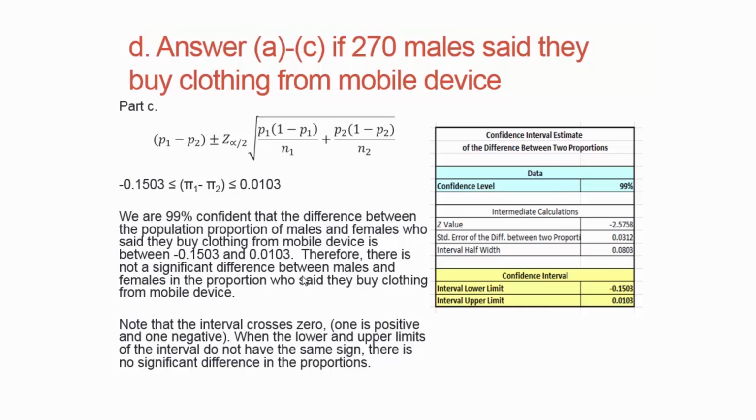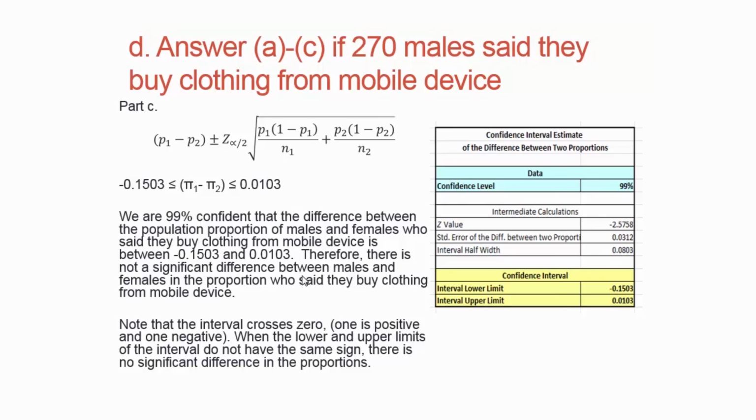So that says there is no difference, because one's negative and one's positive, and we can now say it's somewhere between 15% and 1%, but because one is negative and one is positive, there is not a significant difference between males and females in the proportion who buy clothing. The reason we know that is because the interval crosses zero. One's negative, one's positive. So there's no difference in the proportions.